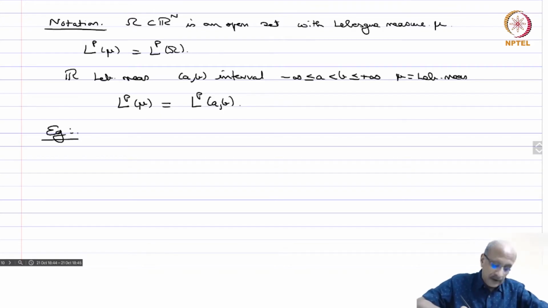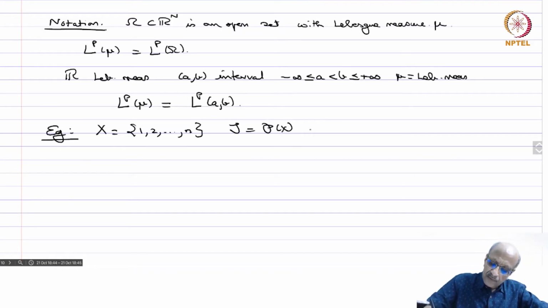familiar examples. Okay, so now we take X to be the set 1, 2, up to n, S is the power set of X, that means all subsets, and mu is the counting measure.